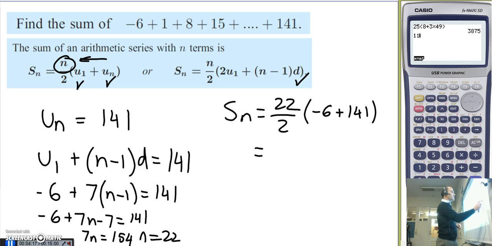And 11, so simplifying it, negative 6 plus 141, close my brackets, and equals 1,485. Alright, have a go and good luck.